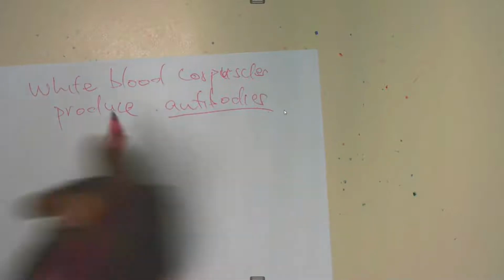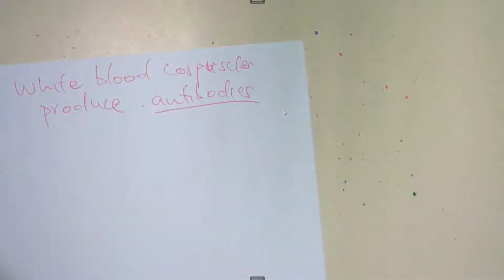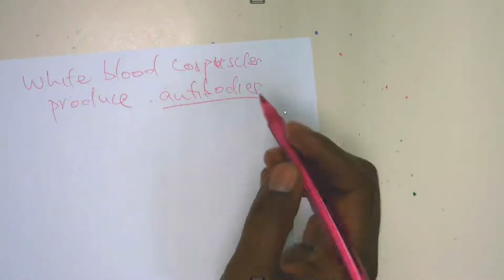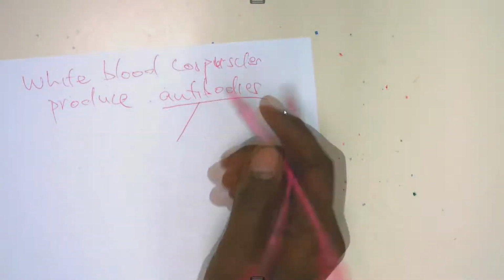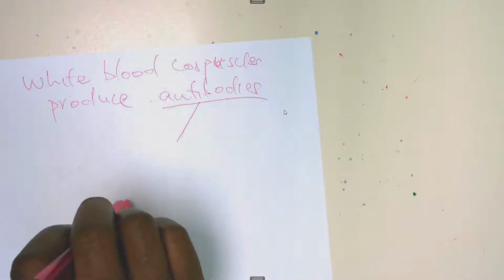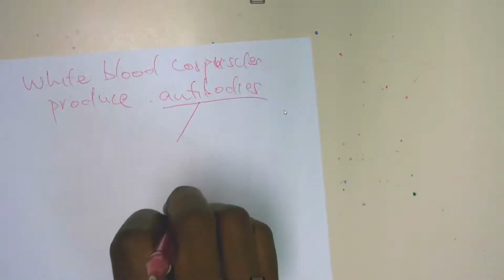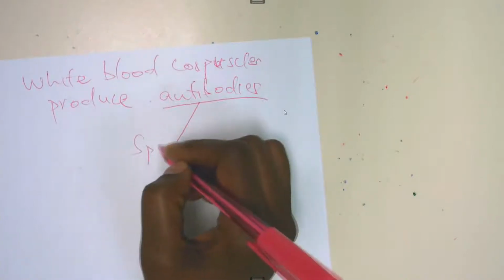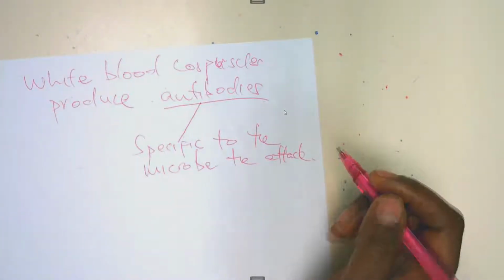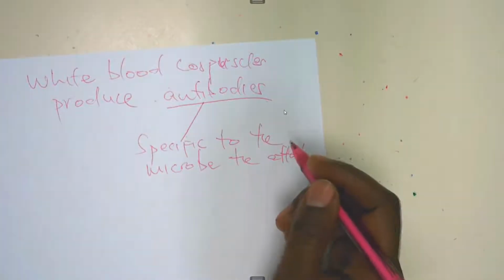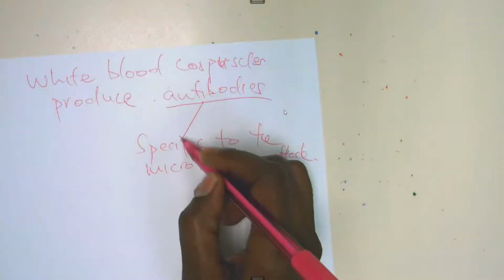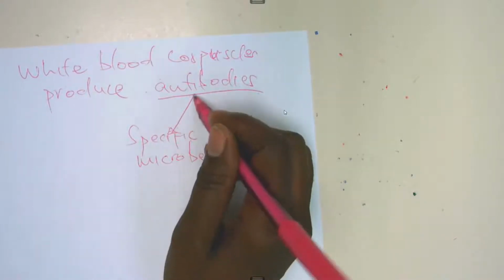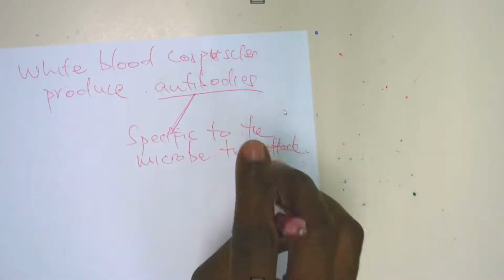And then each antibody can only fight a particular microbe or microorganism. So we say that the antibodies are specific to the microbe they attack. Each and every antibody produced will only be able to fight a particular microbe.